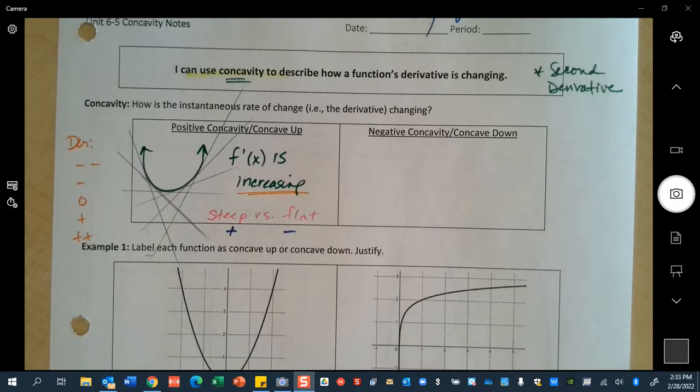Think about our number line here. The slope of negative 12 is very, very steep. The slope of negative 1, still negative, but higher. Slope of 0, higher than negative 12 and negative 1. And as I move up the number line, think about what that slope value might be.